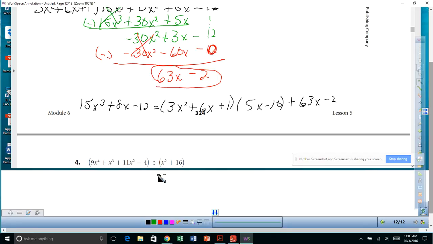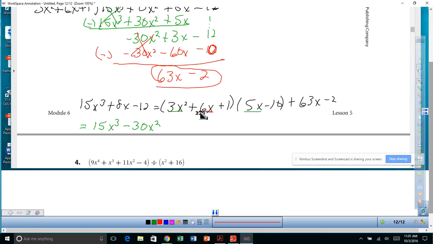So let's do our check now. Equals, and then we got 3x squared times 5x, that's going to be 15x cubed. 3x squared times negative 10, that's going to be minus 30x squared.